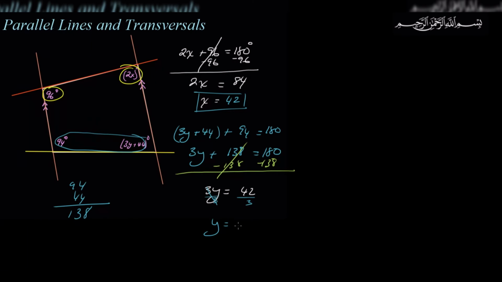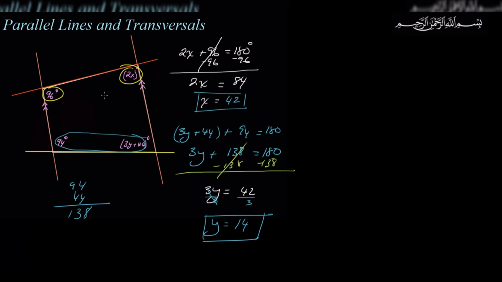Then 3 goes into 12 four times. So y is going to be 14, and ta-da, there we have it. Questions like this are tricky only because you have to be careful to make sure you've got the right parallel lines and the right transversals, and not confuse the transversals with the parallel lines and the parallel lines with the transversals.